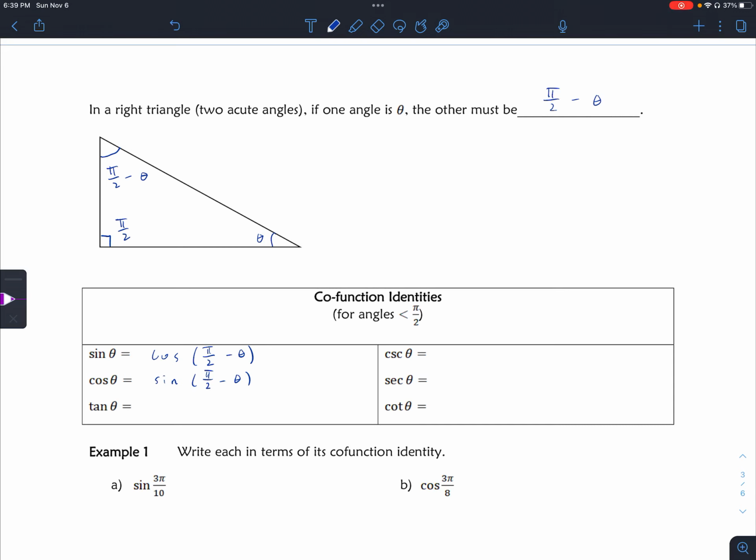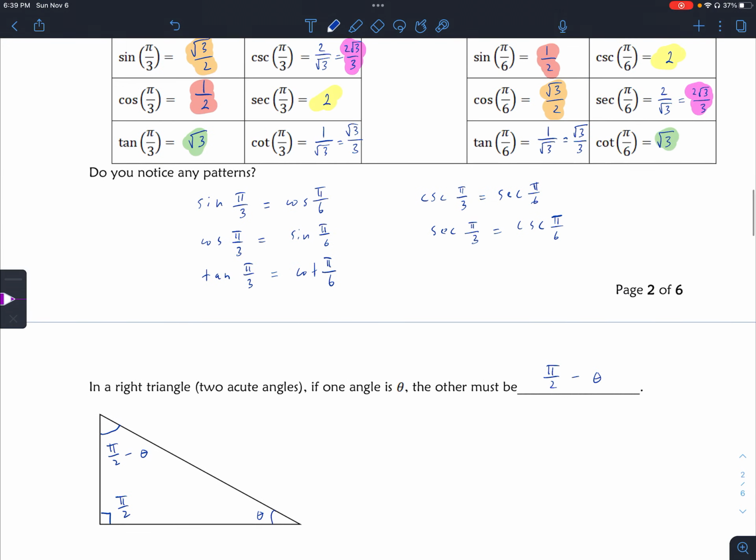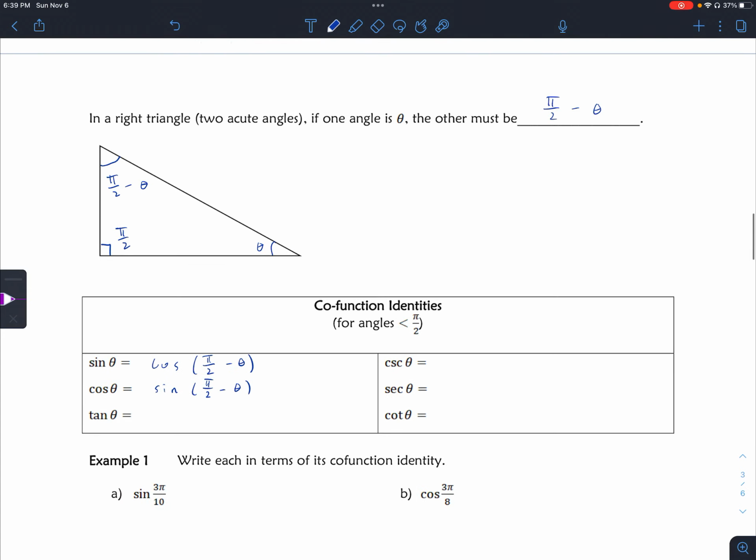Now tangent, as we saw before, was equal to cotangent of pi over 2 minus beta. So cotangent of pi over 2 minus beta.